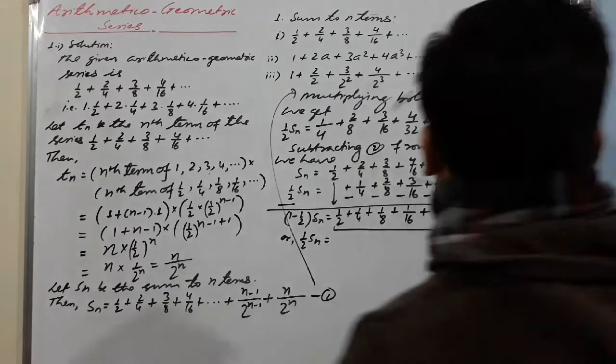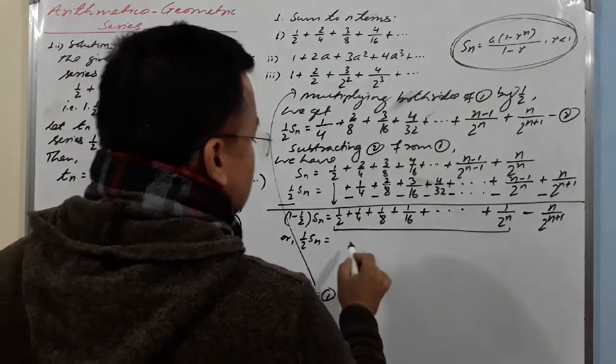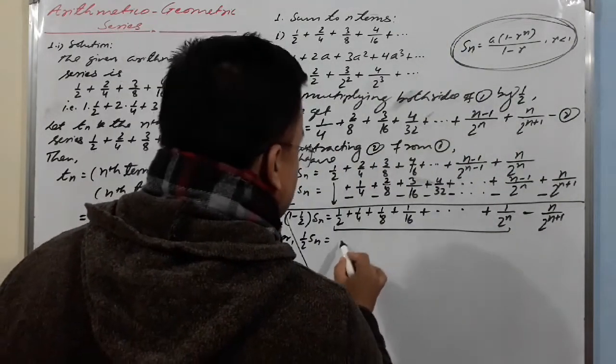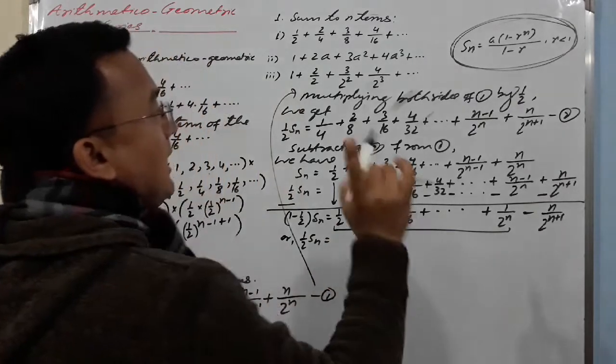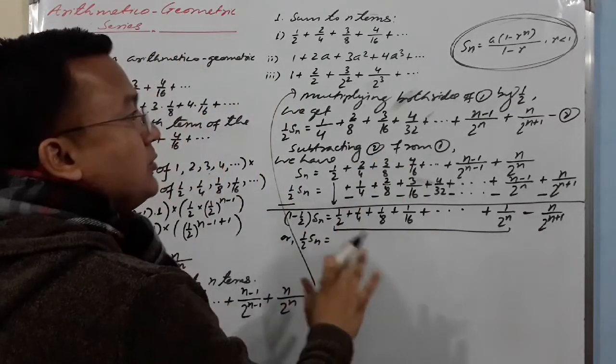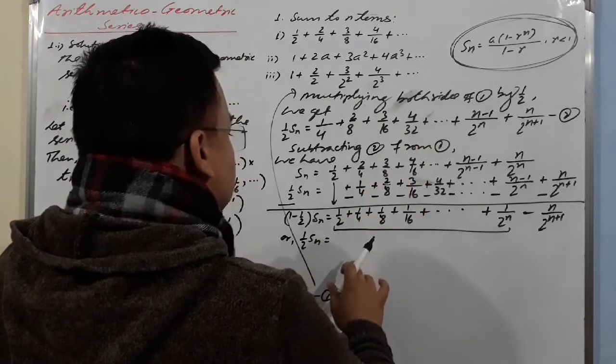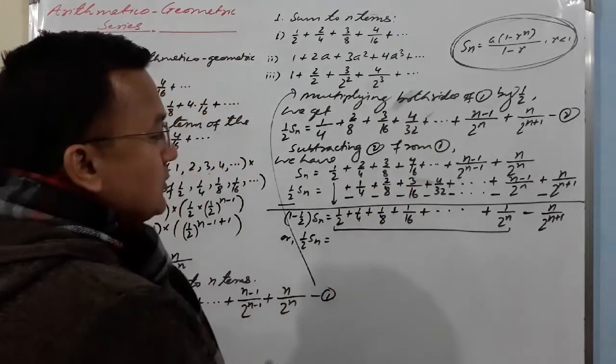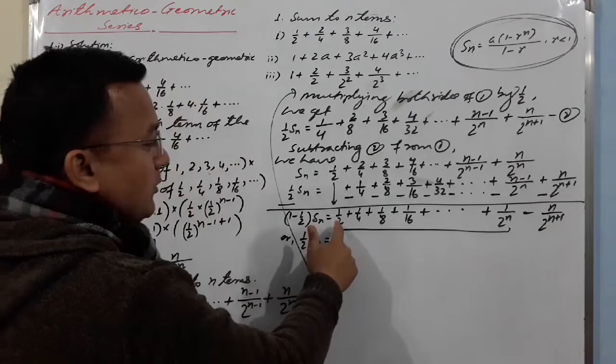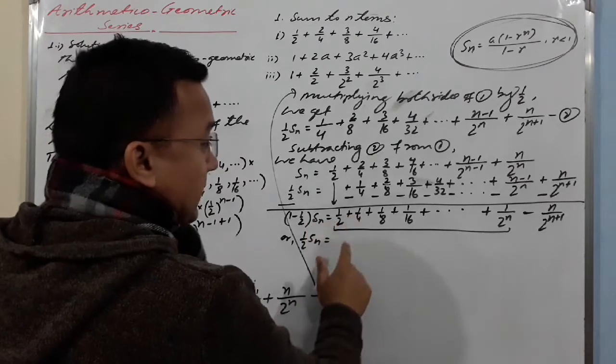The same formula I'm going to apply here. See, a is 1/2, r we have here 1/2, the ratio also, and n means the number of terms, so you can count, 2 power here 1.